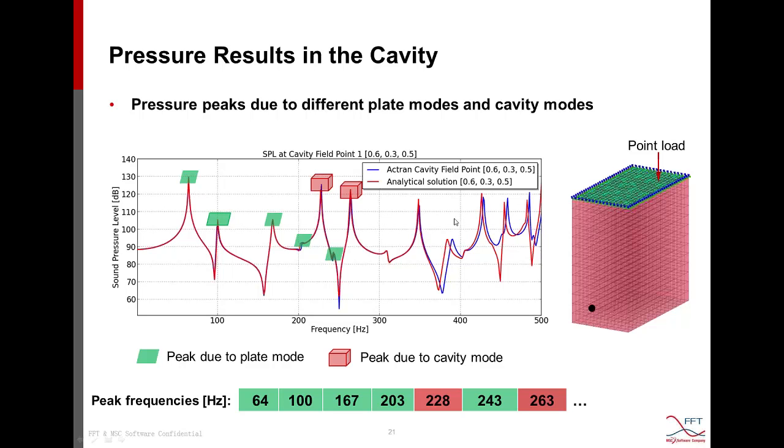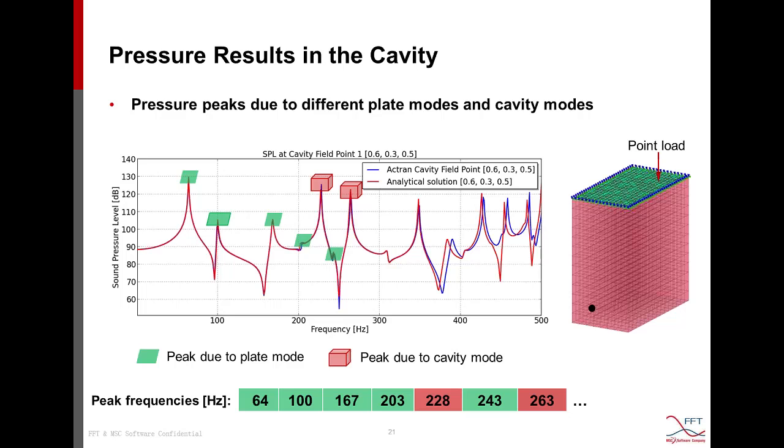We could obtain a good correlation between the Actran simulation and the analytical solution. For this simple problem, we have the analytical solution by modal method, and we could identify that different peaks correspond to different eigenfrequencies of either the plate or the cavity.